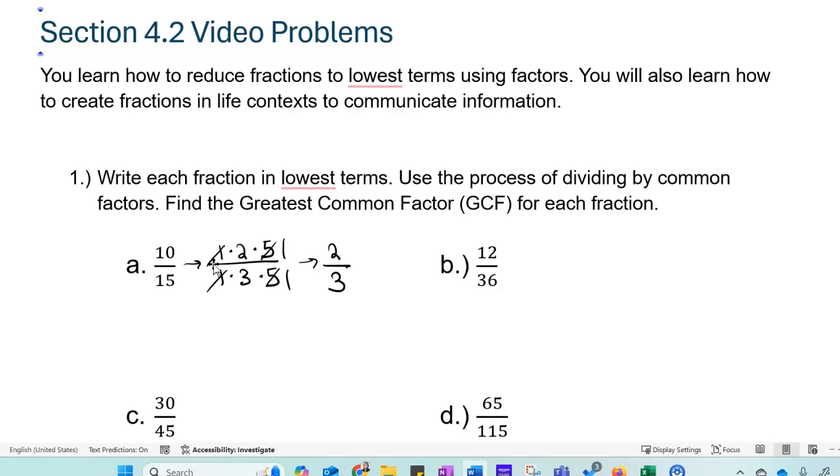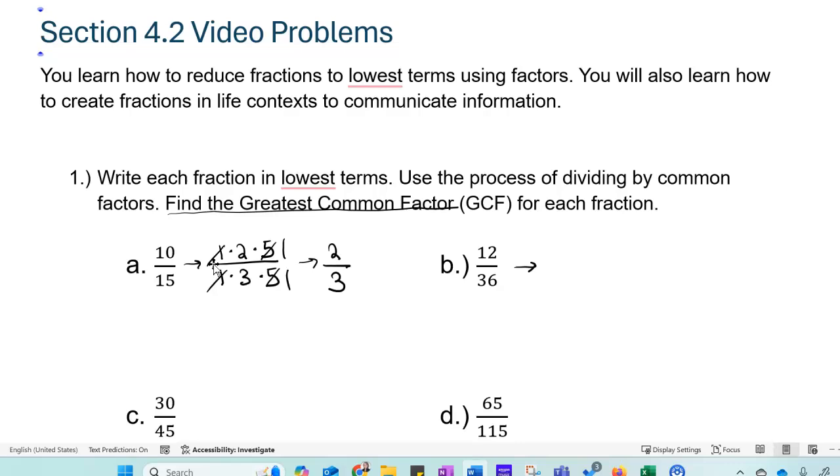Okay, so for B, let's go ahead and use that same idea of identifying factors of 12 and also 36. Oh, and actually, let me back up, because I did add this part where it says find the greatest common factor. So that's the biggest number that goes into both of these, right?